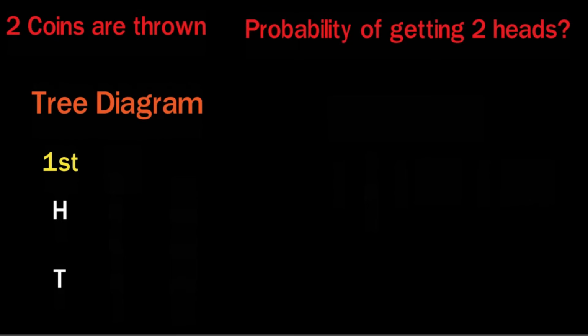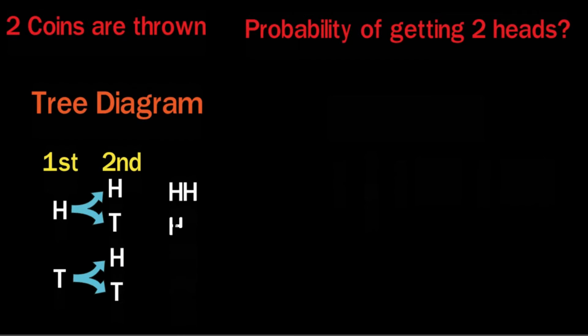So how about the second coin? It can be head or tail. For the second coin, it can also be a head or tail if the first coin is a tail. So there are four possible outcomes: HH, HT, TH, and TT.